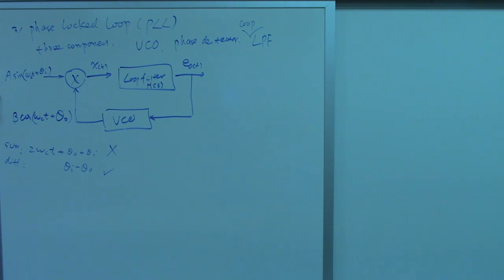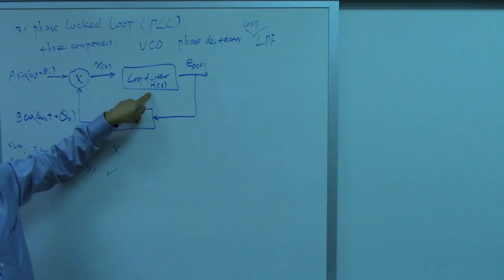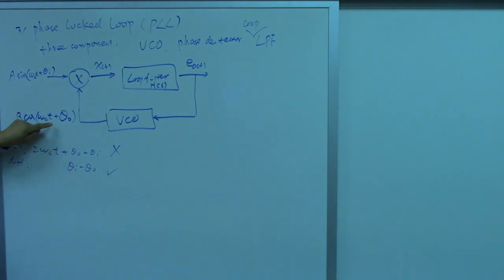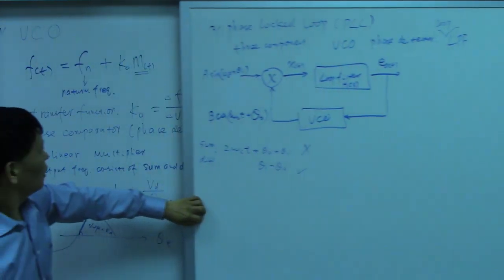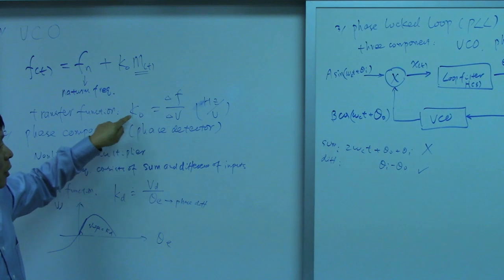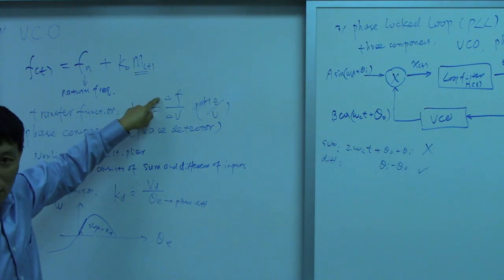Any questions on this? At the beginning, these two may not necessarily be the same. If they are not the same, this difference is large, so the external voltage is large. That means if this voltage is large, then multiplied by this gain or transfer function, the change of frequency will be large.